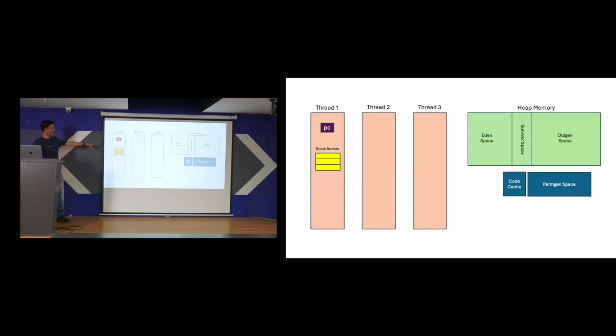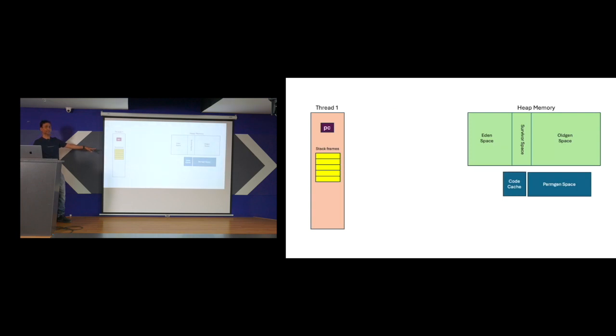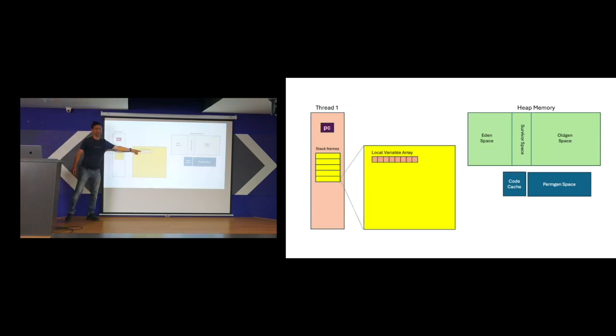So there's a pre-existing stack frame. Let's say a function was called, another stack frame got pushed, another stack frame got pushed. Let's look at what is there in these stack frames. It's a local variable array. You remember load 0, load 1, load 2. Those 0, 1, 2 are slots in here.